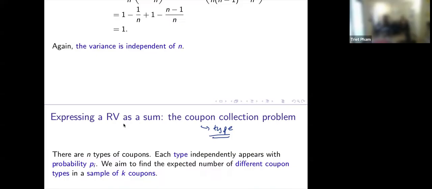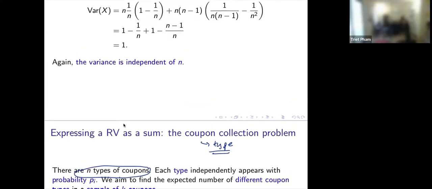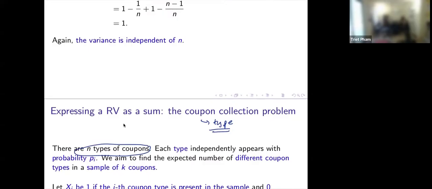Even though the notion sounds a little bit bizarre, why do we care about coupons? It's really about types. So this question is quite general, in the sense that it's helpful when you have to consider events or outcomes of many types. Here's the question: there are n types of coupon, so there are n categories of outcome, and each independently appears with probability pi.